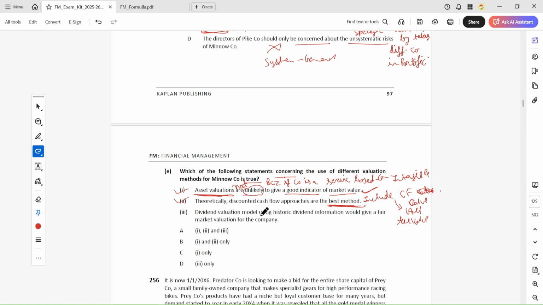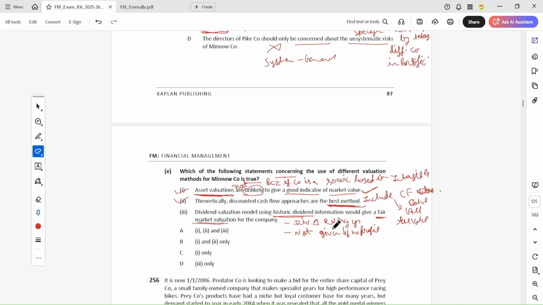Next, we have the dividend valuation model, DVM. Using historic dividends would give a fair market valuation of the company. This does not give a fair market valuation because dividends change every year, and dividends are not given if there is no profit.